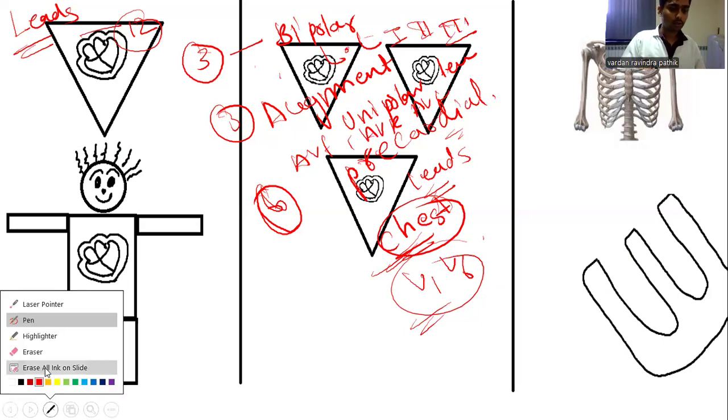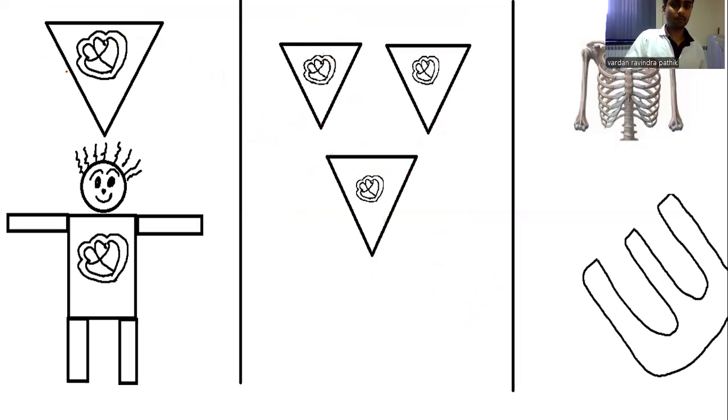Let me show you here. We will start with the bipolar leads. For that, we are going to put electrodes here, here, and here, three electrodes, 3 points.